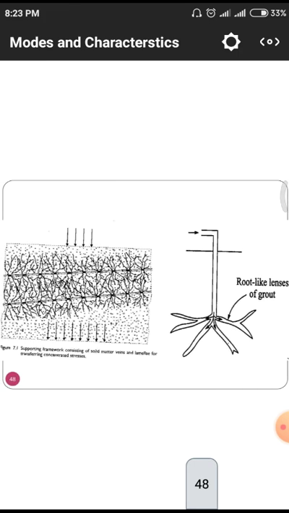Here also we observe that in the initial condition there may be some roots developed in the soil. After a few decades those roots will be degraded, and there will be voids in the substructure of the earth, so those voids we fill with the help of chemical admixtures and mineral admixtures.